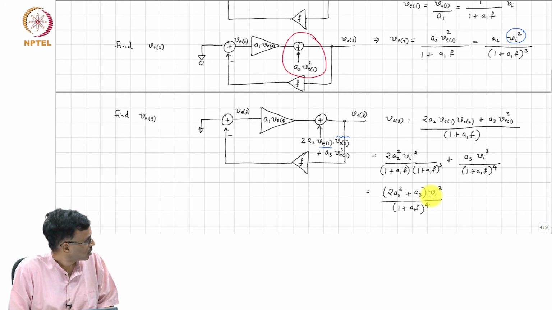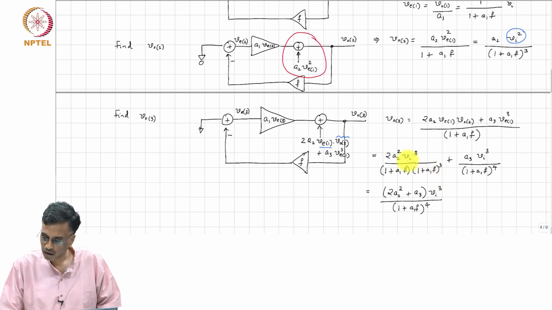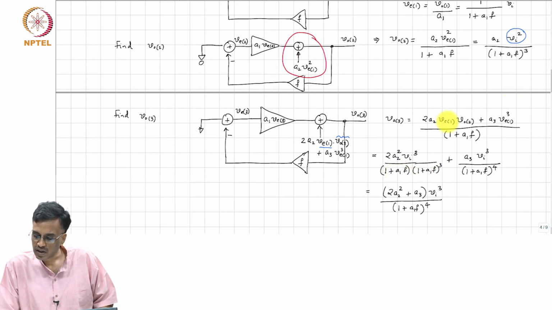One factor will be there, 1 plus A1F. If you take the first term, already 1 plus A1F is there in the output, sir. And from the V error 1, we will get 1 plus A1F. Correct. That is why whole power 5 will come there. V error 1 is basically Vi by 1 plus A1F, that is correct.